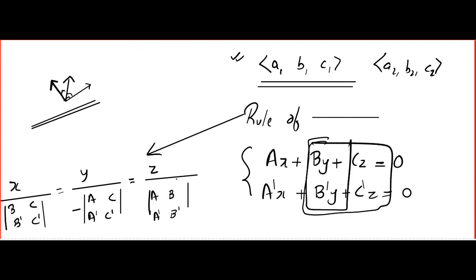So remember, this is called rule of cross multiplication. You can use rule of cross multiplication when you have two relations in three unknowns, of course, first degree relations.